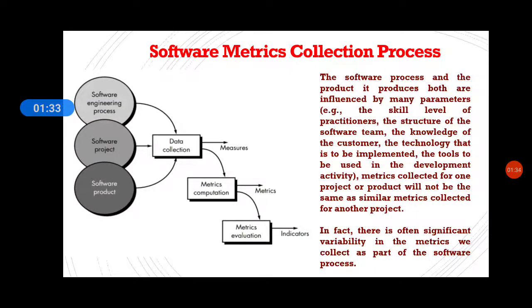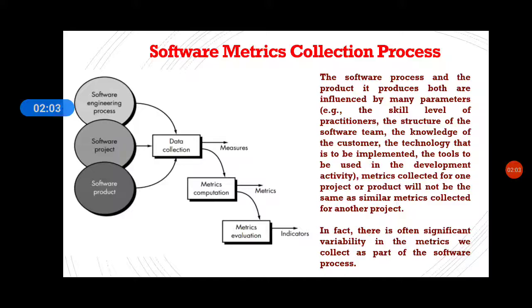The other parameter is the structure of the software team, and the next parameter is the knowledge of the customers, and the next parameter is the technology that is to be implemented in order to process the software, and the tools to be used in the development activity is another parameter.